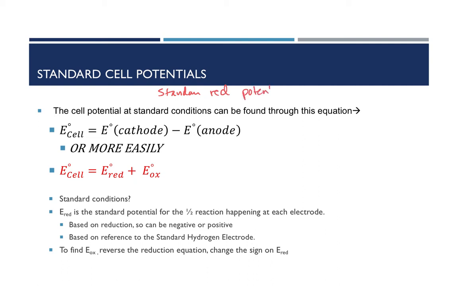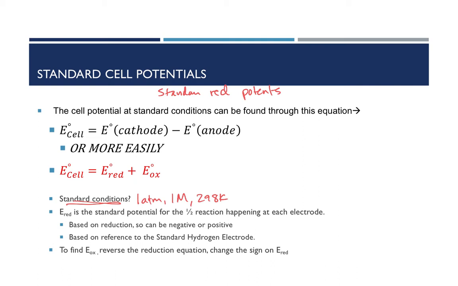Standard means we're talking about the chemicals being at standard conditions. So if it's a gas, 1 atmosphere of pressure. If it's a solution, 1 molar concentration, and of course at a temperature of 298 K.